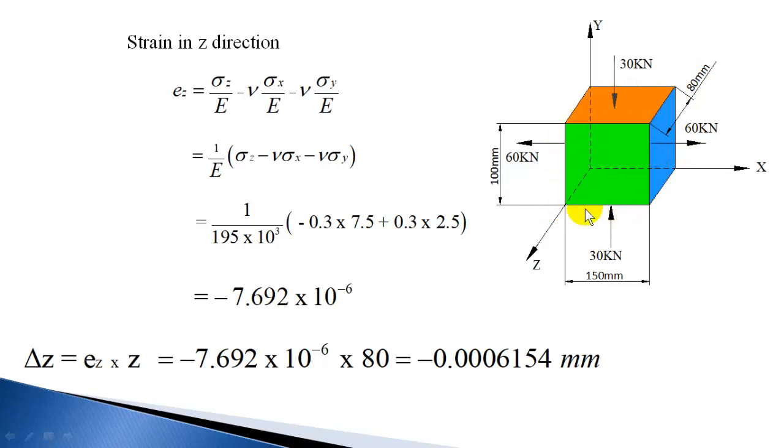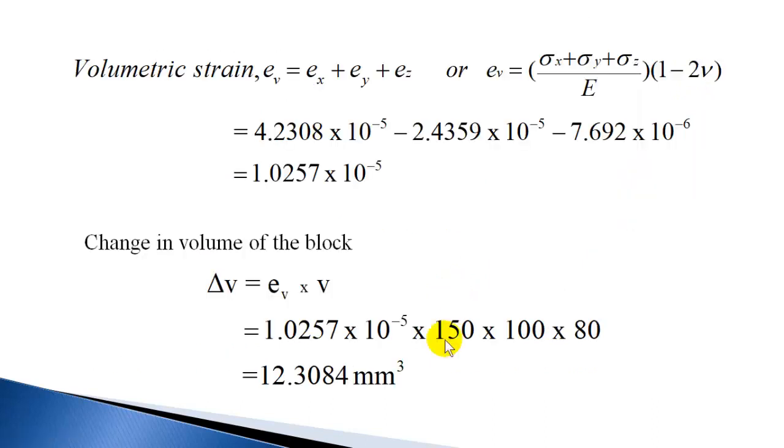For a block like this, if you multiply all the dimensions, x, y, z dimensions, which will give the volume of the block. So the initial volume is 150 into 100 into 80. So if you multiply all this, you will get the volume. So into volumetric strain, which will give the change in volume as 12.3084 mm3. So this is the change in volume of the block.